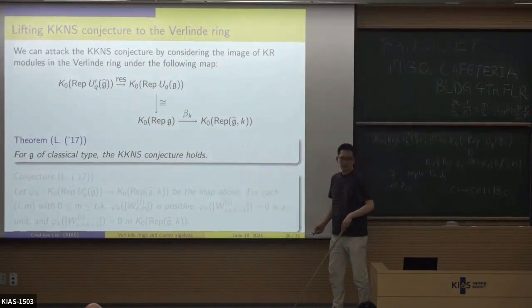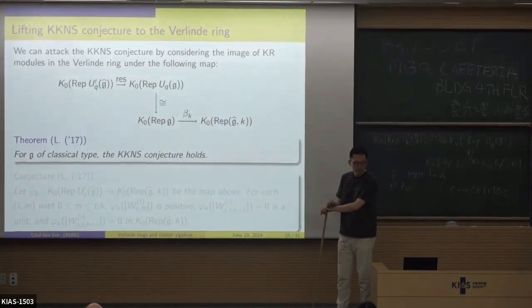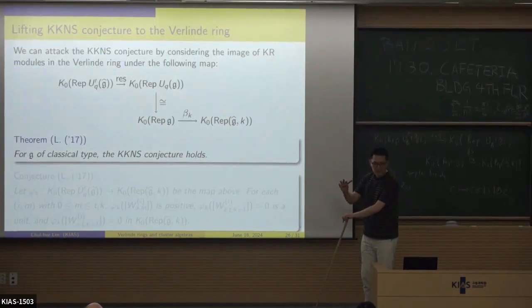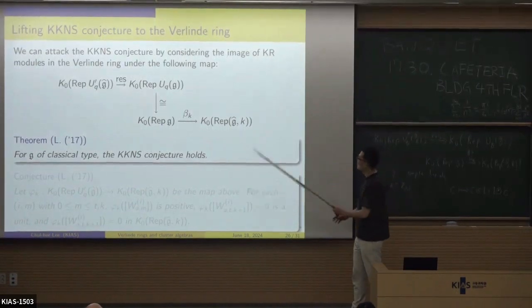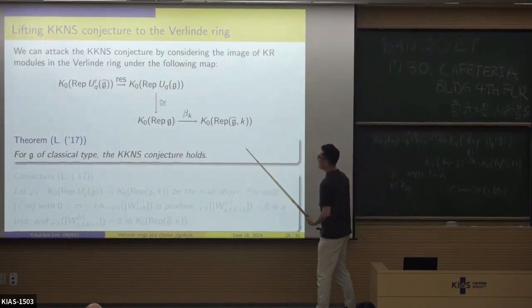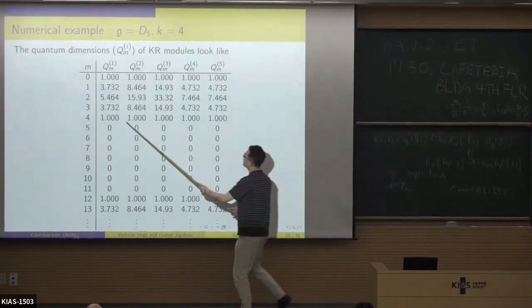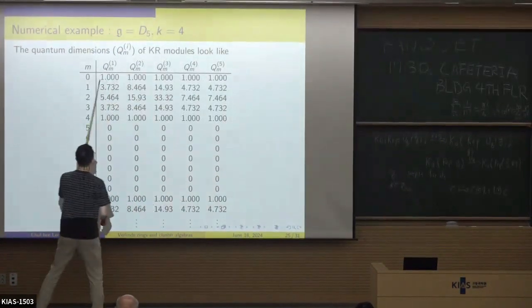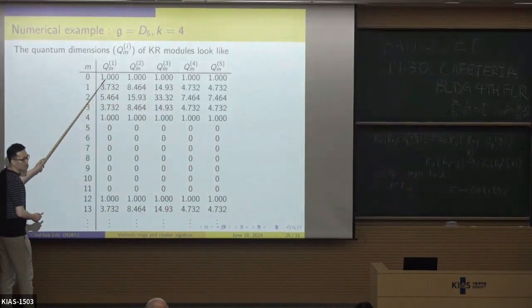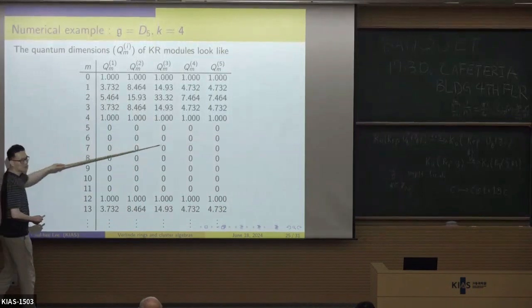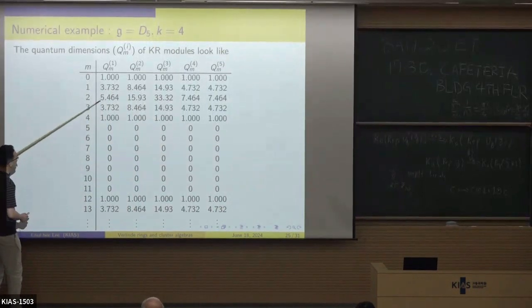Your positivity here is positivity of quantum dimension and for each k also? No, for each positive integer k, so this is for each choice of G and k. If you take Kirillov-Reshetikhin modules at different levels, a bigger k gives a longer list of positive numbers, but eventually it becomes 1.